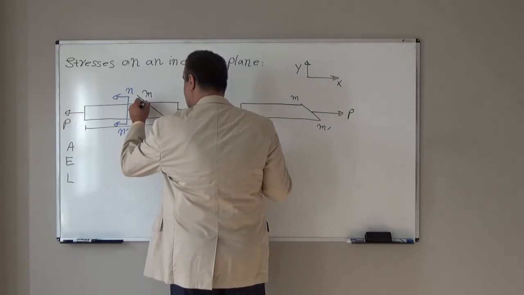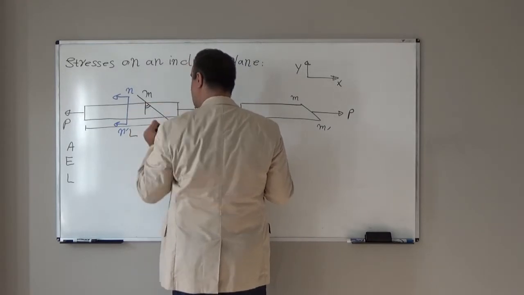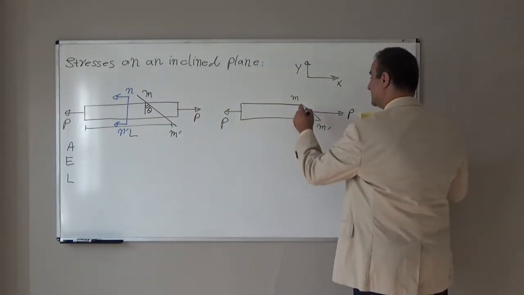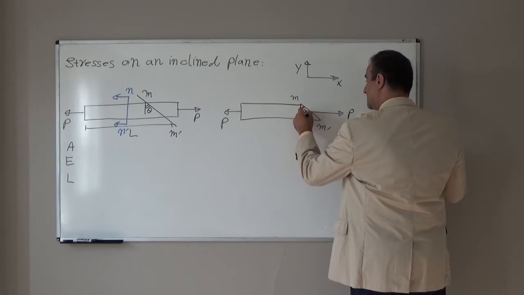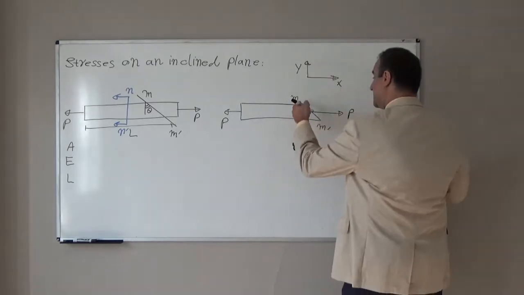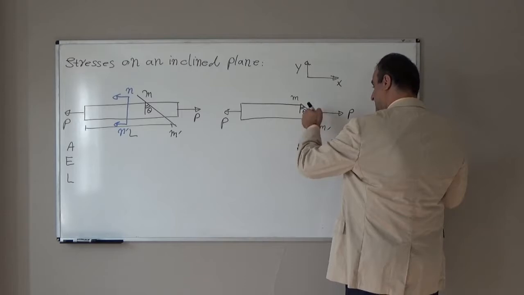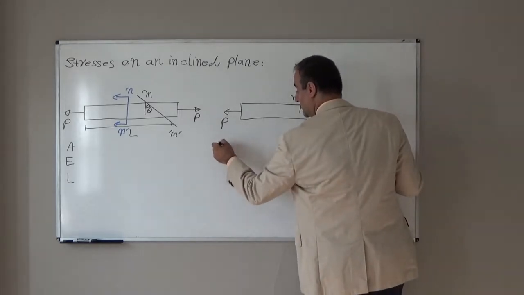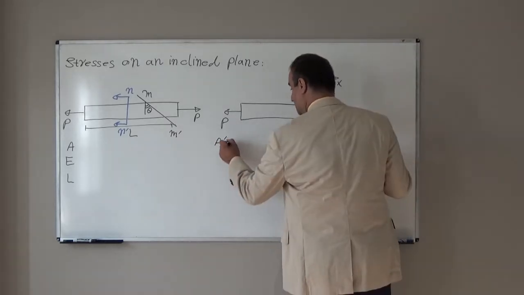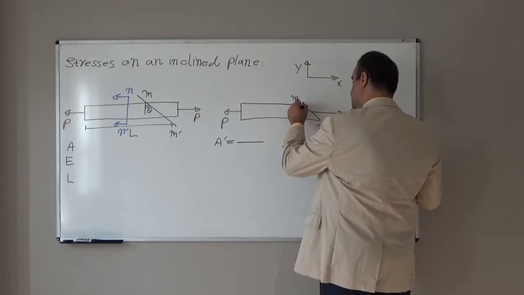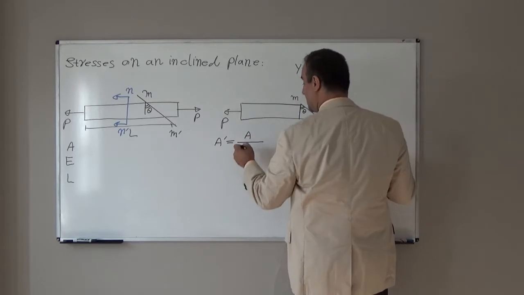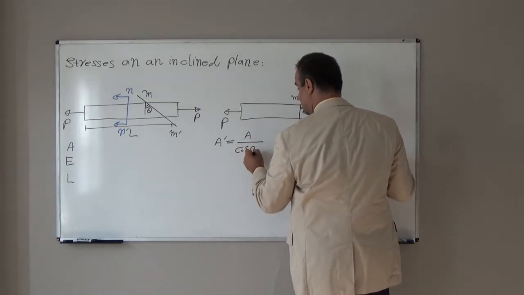Assume the angle of this plane with the vertical plane is theta. If the cross-sectional area was A, the area of this plane, which I show with A prime, will be A divided by cosine theta.